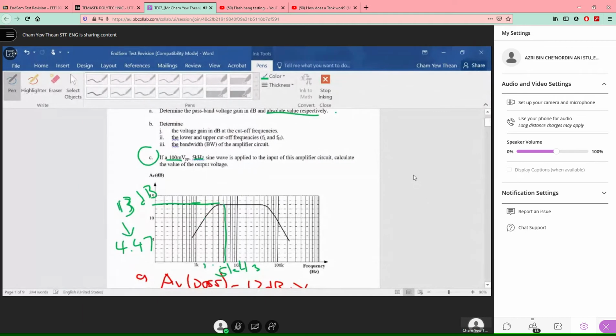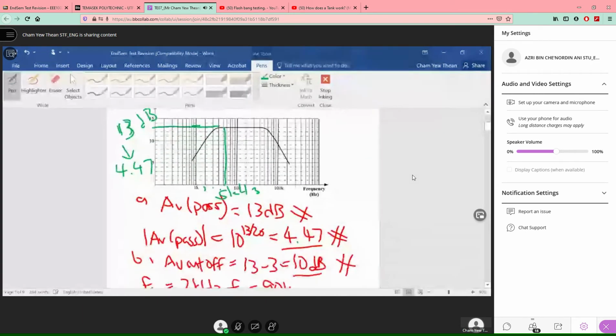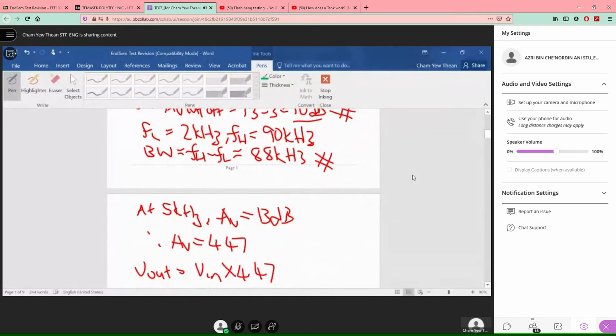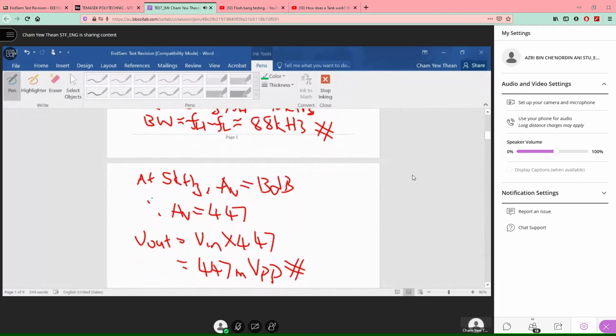So what is your output voltage? It's simply 4.47 multiplied by 100 millivolt, which is 447 millivolt peak. Understand?